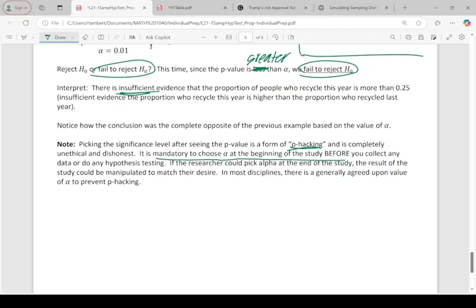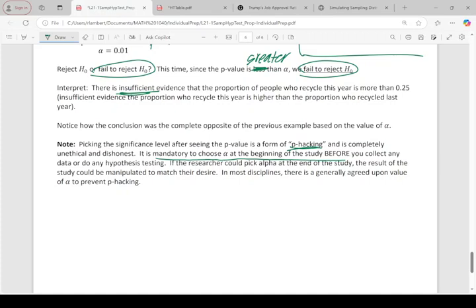If the researcher could pick any alpha they want, then every researcher would do that, and they would just manipulate every study to match their desired results. So it would completely ruin research as a whole. So it's not allowed. You have to pick alpha at the beginning. And in fact, in most disciplines, there's a generally agreed on value of alpha to begin with.